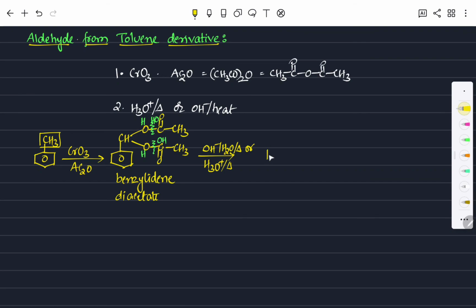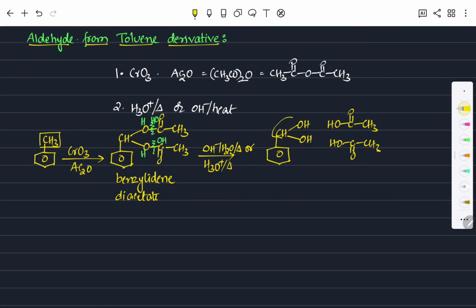Therefore, the product is benzene with CH(OH)2, plus CH3COOH, and another CH3COOH.